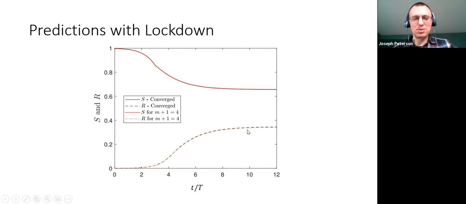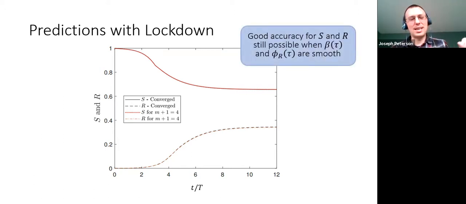So why is it able to track exactly even though the polynomial approximation of this infected population is known to be quite poor? Well, the reason for it is that the dynamics for transmission and recovery both involve the inner product of this infected population, I of t and tau, with a transmission rate function, beta of tau, and a recovery rate type function, phi r of tau.